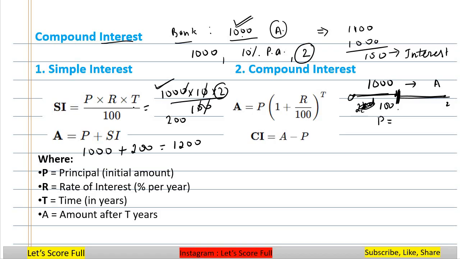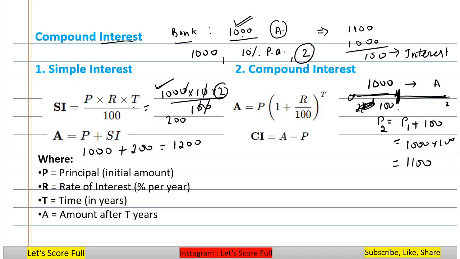And what is that principal? The principal for the second year we write as P2. The principal for the second year is the original principal, meaning the principal for the first year, plus whatever the interest is. Here in this case it is 100. So 1,000 plus 100 will give you 1,100 as the principal for the second year.